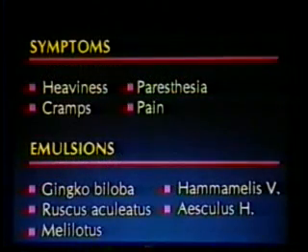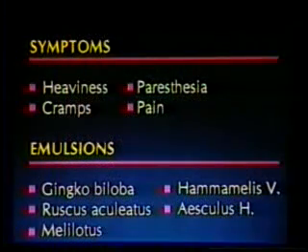When symptoms such as heaviness, cramps, paresthesia, and pain are present, we favor the use of oil-water emulsions whose active principles are ginkgo biloba, Rhuscus aculeatus, Melilotos virginiana, or Aesculus hippocastanum extract. The biocosmetic or epicutaneous action of these pharmacological elements is reliable.